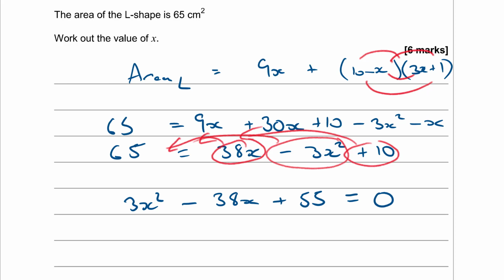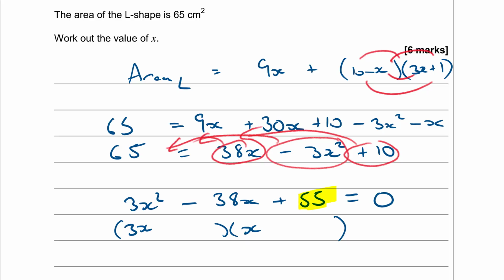Now it'd be lovely if this factorized, and it's always worth giving it a decent go before you give up and go for the formula approach. If it did factorize, we would have 3x here and x here. What are the factors of 55?